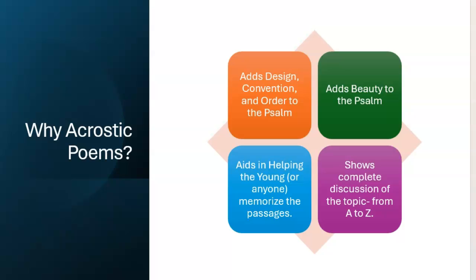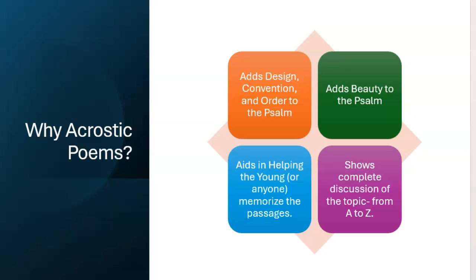It adds beauty. It helps in memorization, perhaps, if I'm a young person or even an older person and I am looking at the psalm and I'm trying to memorize it. Knowing that it starts with a different letter might just be the learning device I need to help me remember what that psalm is all about.